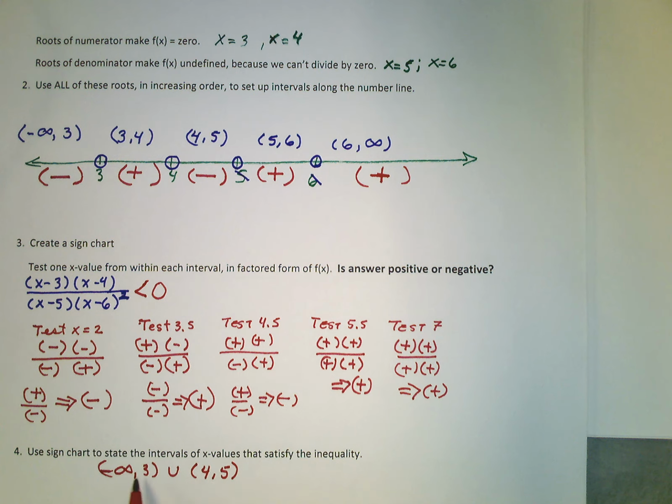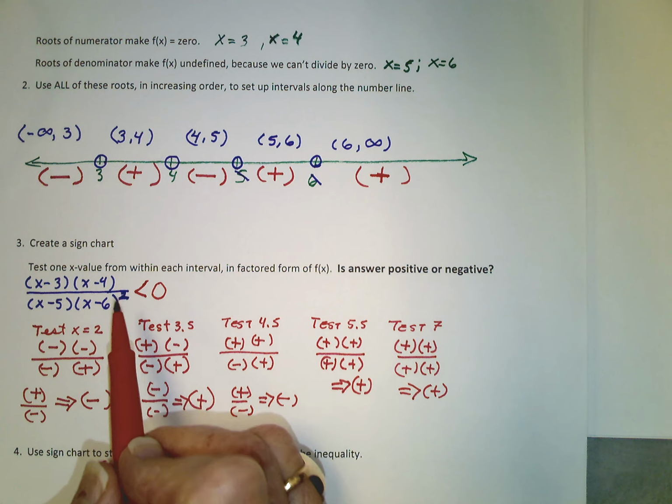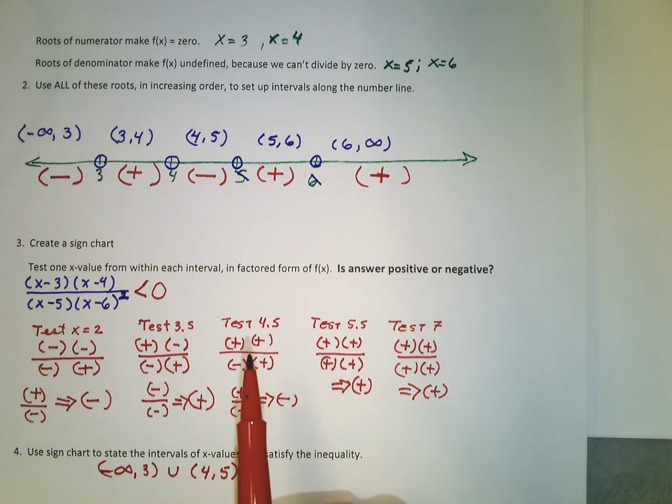So if we pick any number from within these intervals and put it in this ferocious fraction here, our answer should come out to a negative number. And we have solved the inequality.